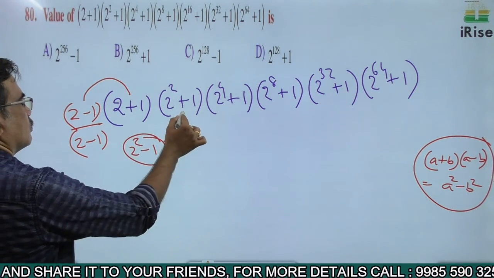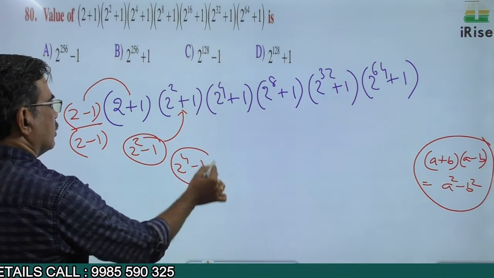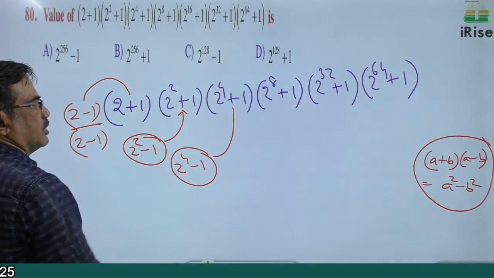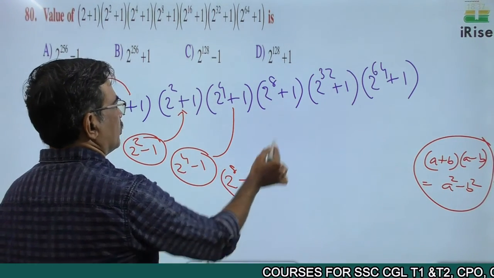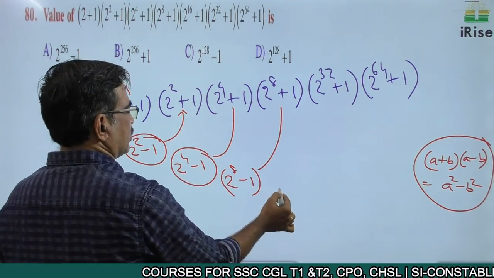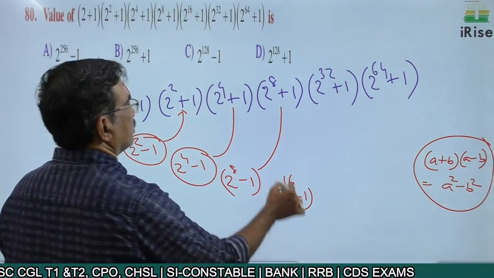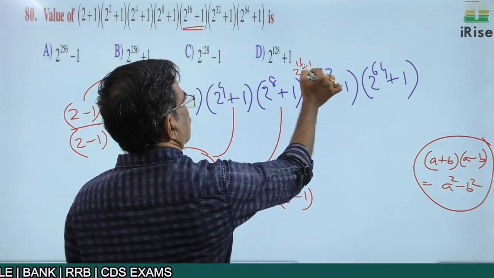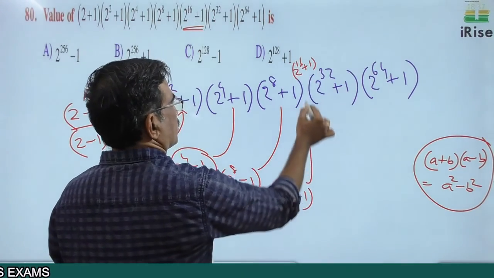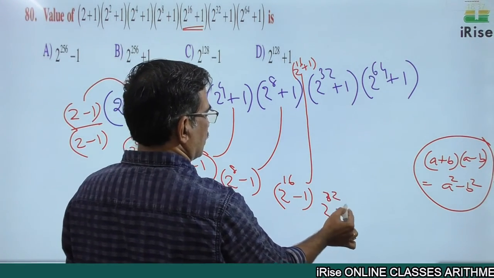This 2 square minus 1 multiplied by 2 square plus 1 gives 2 power 4 minus 1. This multiplied with the next gives 2 power 8 minus 1. Then 2 power 8 minus 1 multiplied by 2 power 8 plus 1 gives 2 power 16 minus 1. Multiplied by 2 power 16 plus 1, we get 2 power 32 minus 1.